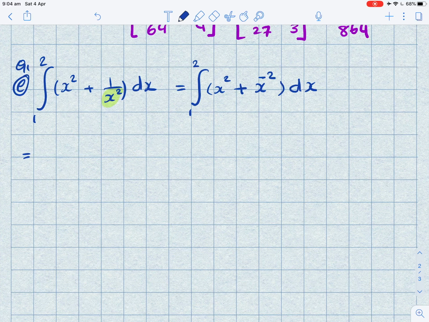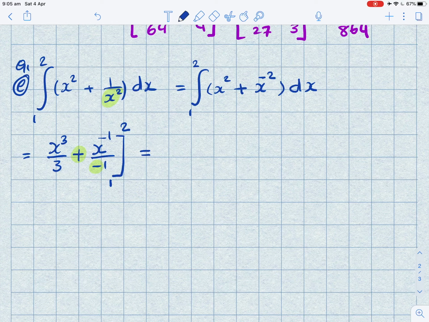So we add 1 to the power divided by the new power, so that's x cubed over 3 plus x to the power minus 2 plus 1, which is x to the power minus 1, divided by minus 1, and the limits from 1 to 2. Don't forget we have minus here and plus here, so they will be minus. Let me just carry on with this, make it simpler for you.